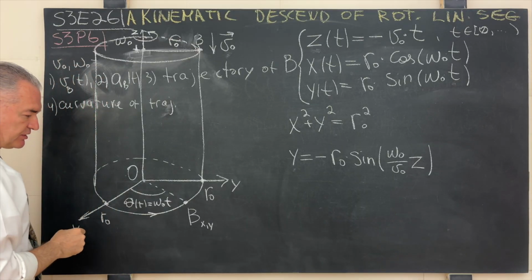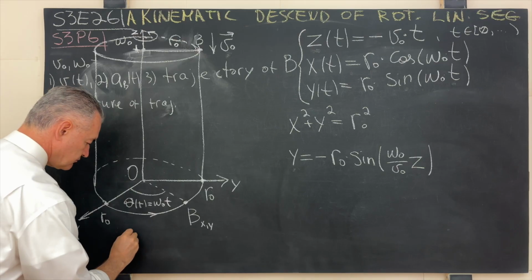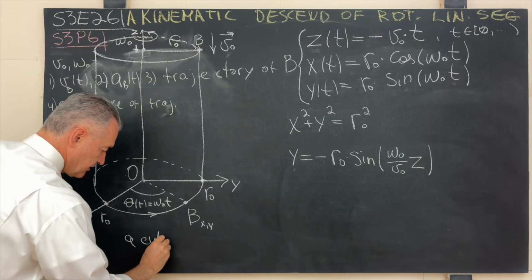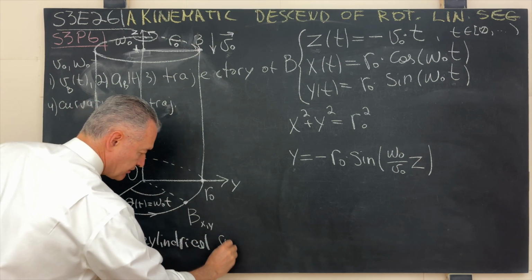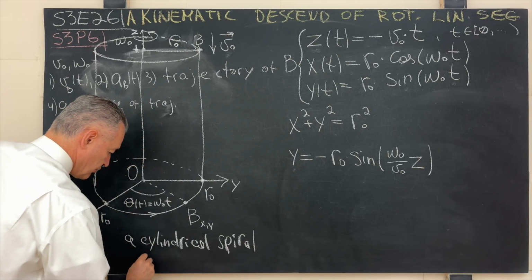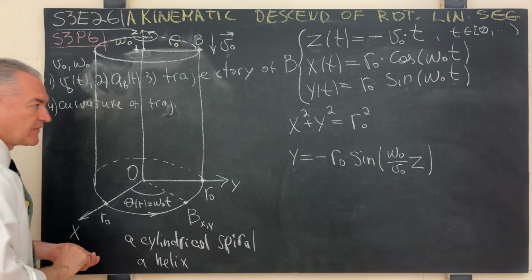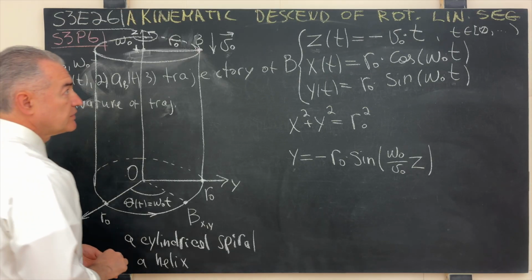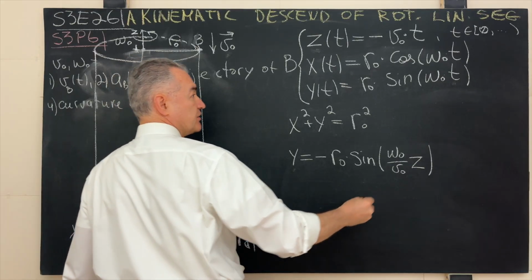And the trajectory of that point will be the so-called cylindrical spiral, also known as a helix.